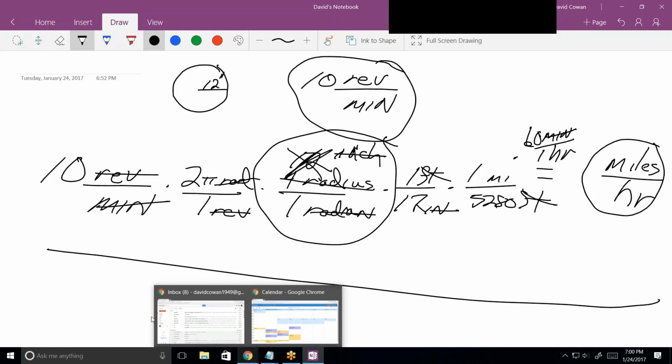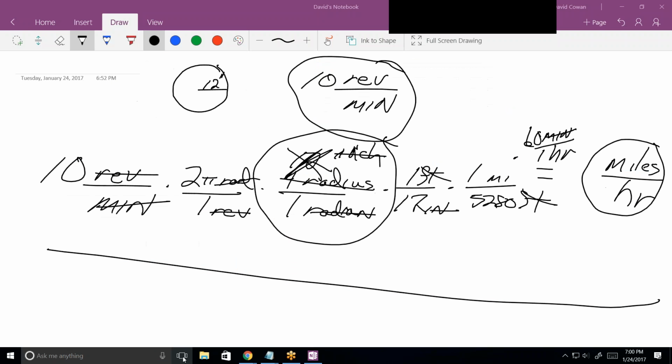Okay? And when we have a little bit more time, we can do some more of those if you need to. They're definitely challenging, but they're not really challenging if you know how to do the original problem, which is where they give you the revolutions per minute and they give you the radius. Then do it exactly the way I did this.